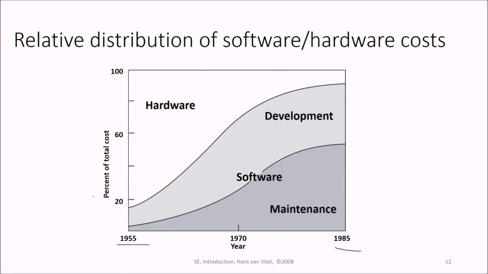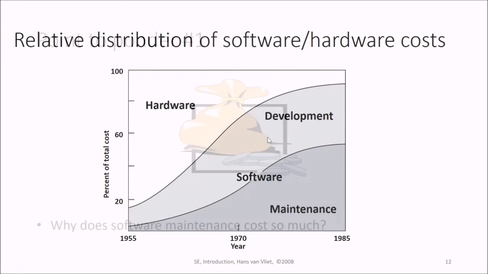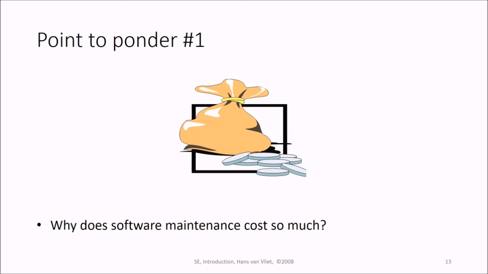So now the percent of total cost with respect to time: this is hardware cost, development, software, and maintenance cost. So still in this time, the maintenance cost is increasing, the development cost is also increasing, and the hardware cost is decreasing. So we need to ponder upon some points.